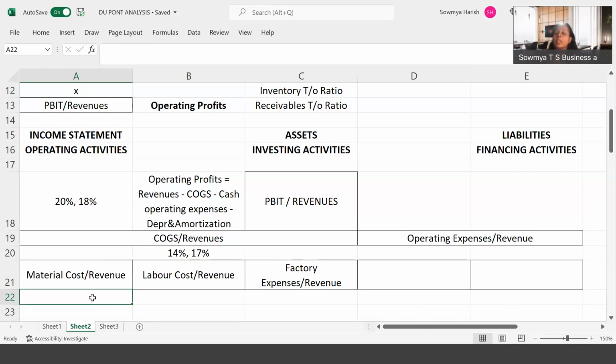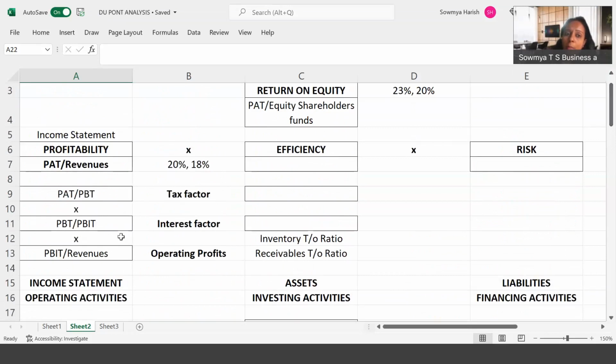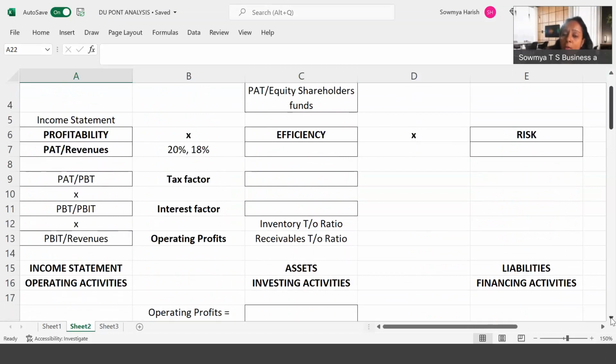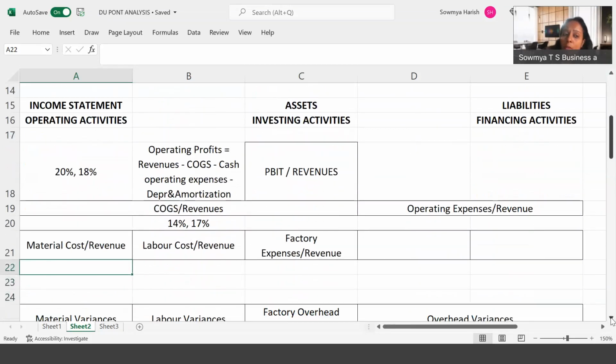So any of these reasons might have caused an increase in the material cost, which can increase your cost of goods sold. In turn, that decreases your operating profits, and decrease in operating profits decreases your profitability, which in turn decreases your return on equity. Okay, so what are the causes for the change in material cost?